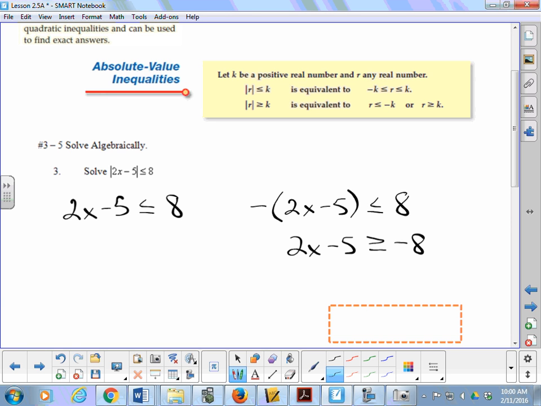Yeah. Okay. All right, so then we need to solve both of those inequalities.